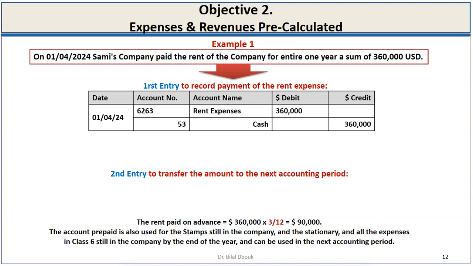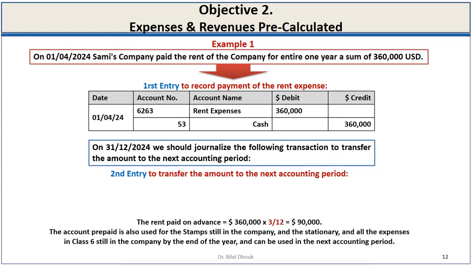But the date of payment was 1/4/2024, so we will have 3 months of the rent related to the next year 2025. So this rent is called rent on advance, or prepaid expense.